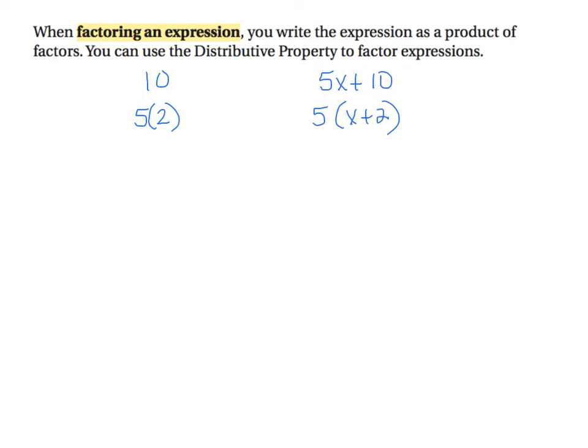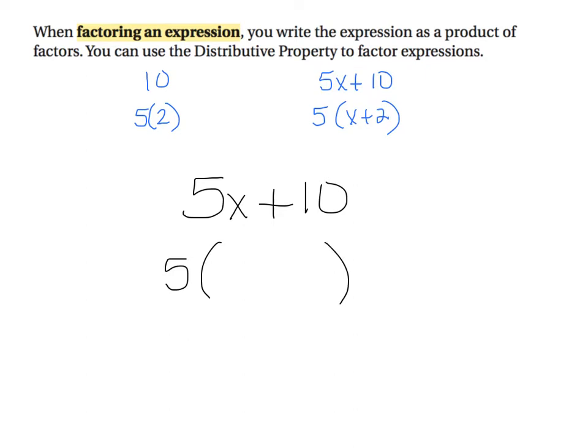Now, I kind of call this a cheating way to undistribute. Instead of multiplying something into an expression, you're going to divide a common factor out of the expression. So let's do an example. If I gave you 5x plus 10, what is the greatest common factor of both terms? You have a 5x, you have a 10. What is the greatest common factor of 5 and 10? It'd be 5. So now you're going to undistribute the 5.